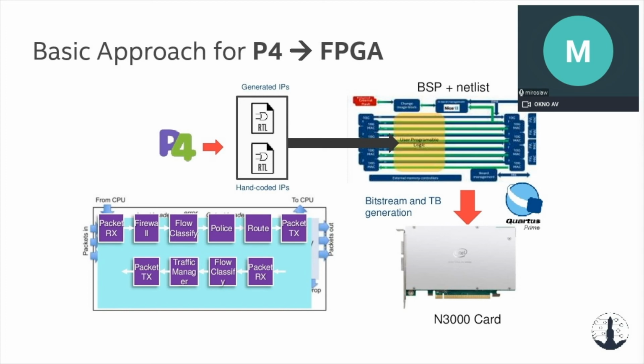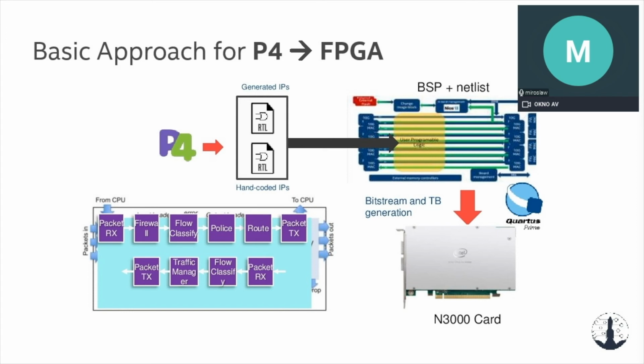So we, as Intel, created a BSP, a board support package, for the N3000 card, which is available and you can download it after registration from intel.com. We connect it in our tools together with the netlist generated by this IP and by the P4 compiler.